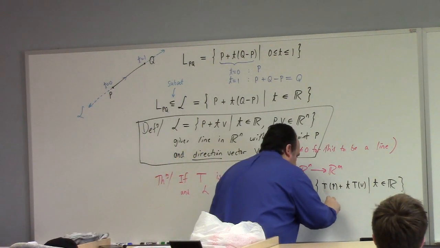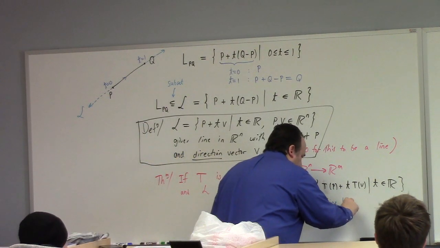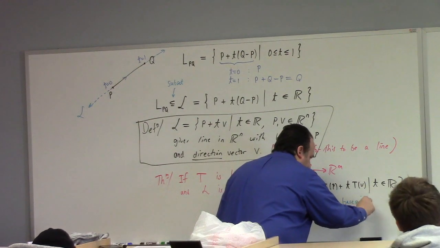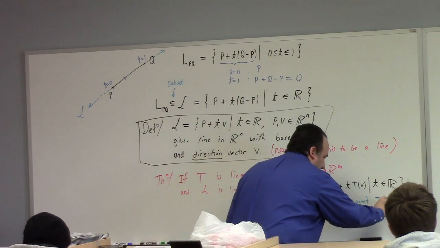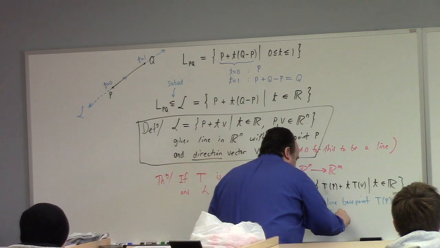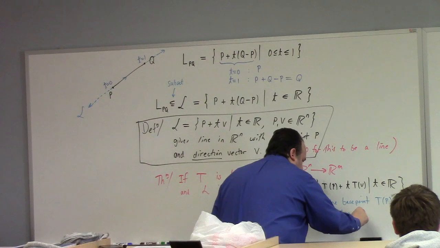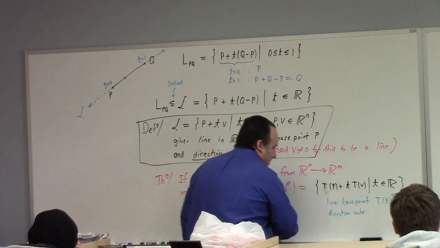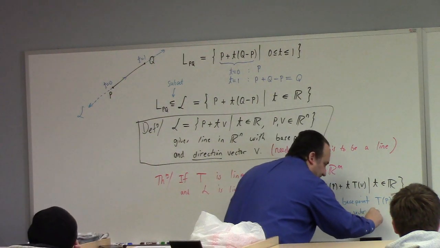This is a line. Base point what? T of P, right? And direction vector what? T of V, right?